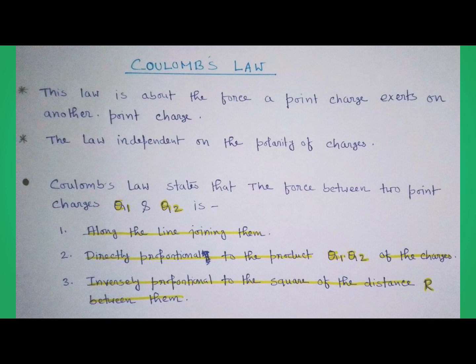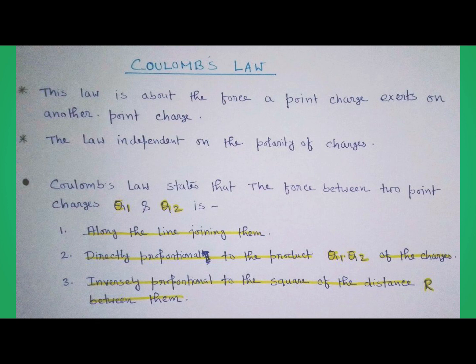Coulomb's law states that the force between two point charges, say Q1 and Q2, is along the line joining them, directly proportional to the product Q1 Q2 of the charges, and inversely proportional to the square of the distance r between them.